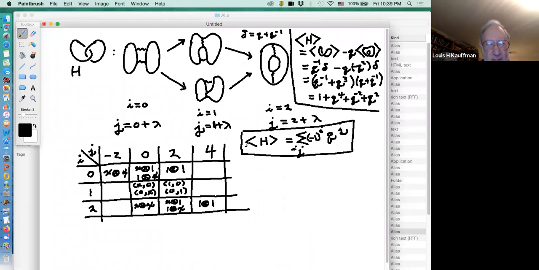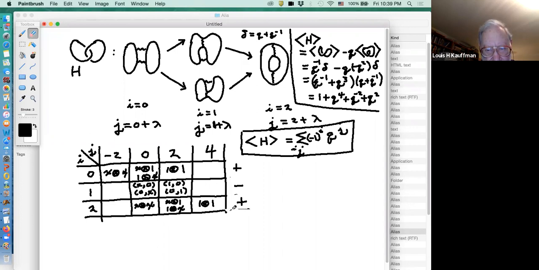So that means that I can go along here and add up the contributions that these would give with a plus, and add up the contributions that these would give with a minus, and add up the contributions that these would give with a plus, and see whether that all adds up to the same thing that we just did.